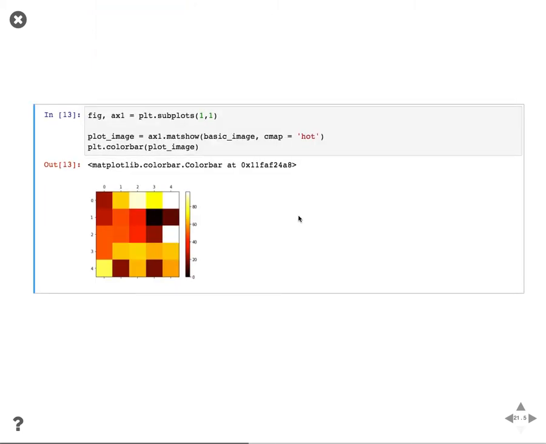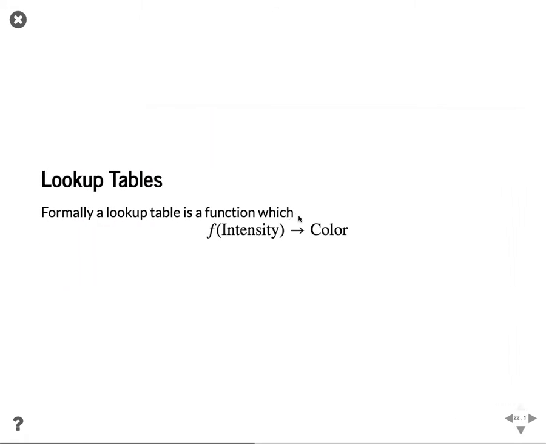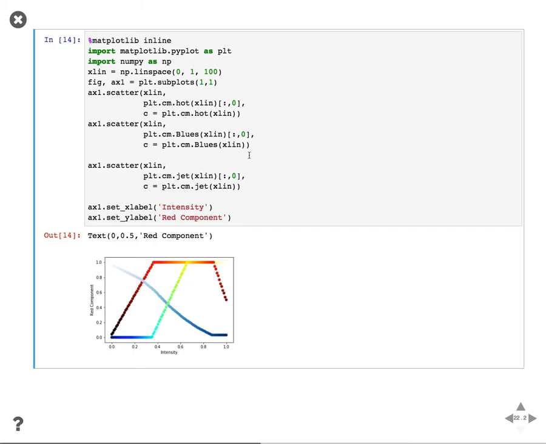So here we show some example other color scales with hot, jet. The idea of a lookup table is formally that you have an intensity and you want to map this intensity to a color. Here we show 3 different lookup tables.